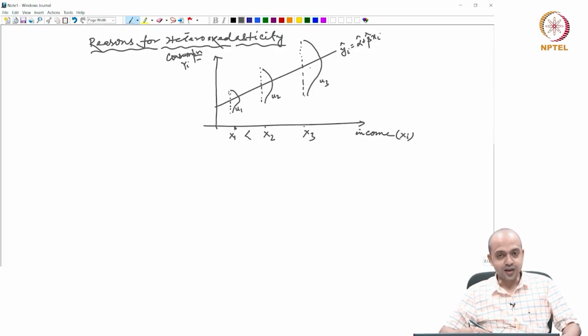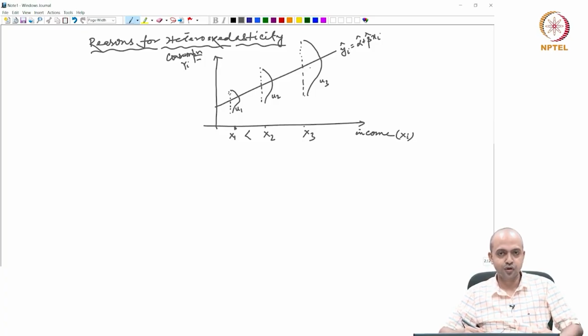The reason is that at a higher level of income, people have higher degrees of freedom in their consumption pattern. With 3,000 rupees, or 90,000 or 1 lakh income per month, I can buy a music system, I can buy rice, I can buy dal, I can buy a computer, or probably a new vehicle, and so on.